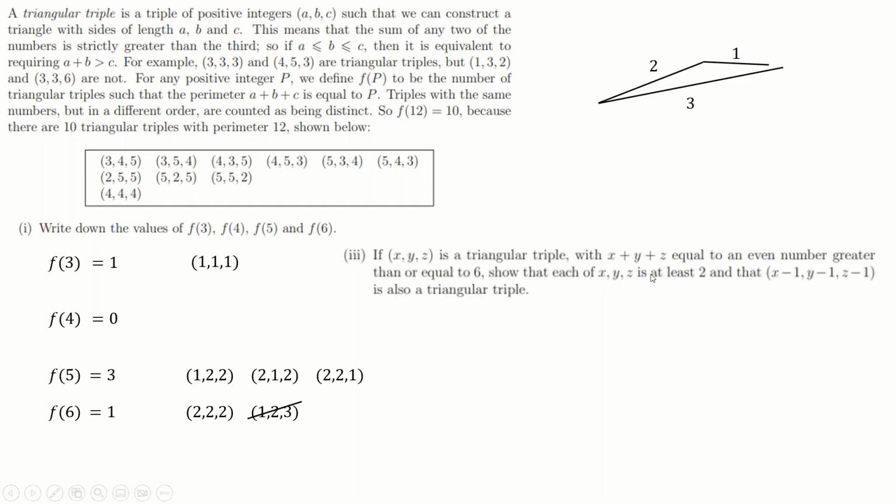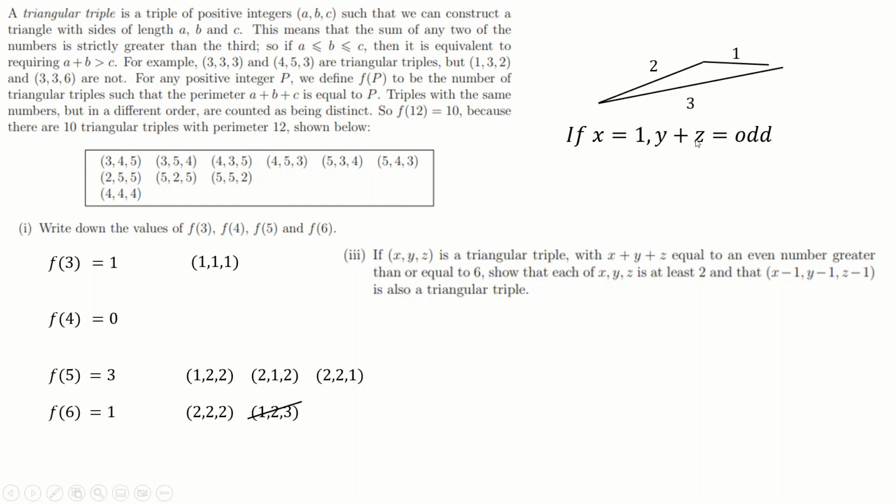2. If the perimeter is even and bigger than or equal to 6, show that the sides are at least 2, and this is also a triangular triple. Showing the sides are at least 2 is quite easy, because if you make one of the sides 1, and it's got an even perimeter, then y plus z are definitely odd, which means they differ by 1. One is odd and one is even, right? Because to make an odd, you must do odd plus even or even plus odd.